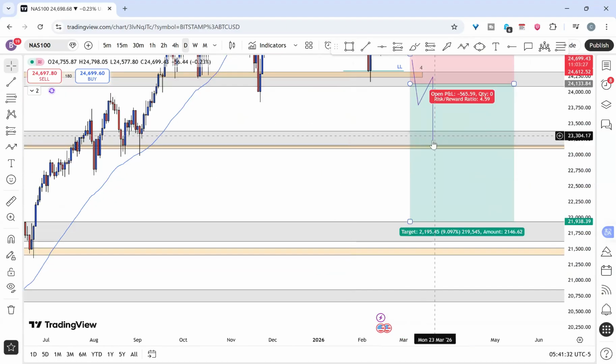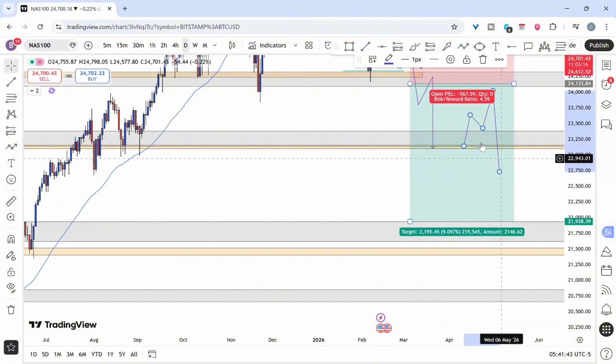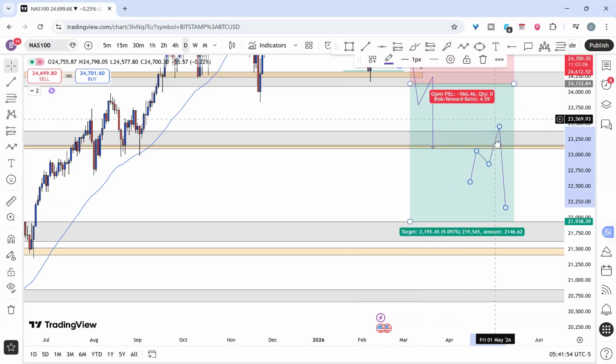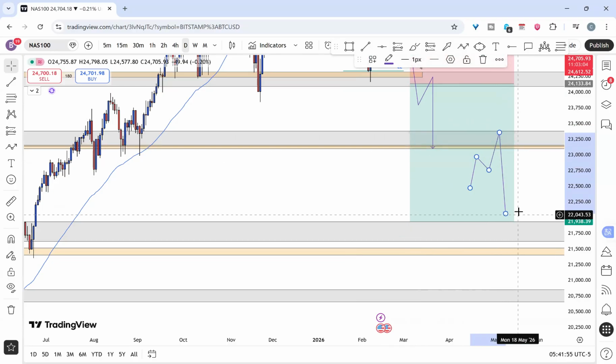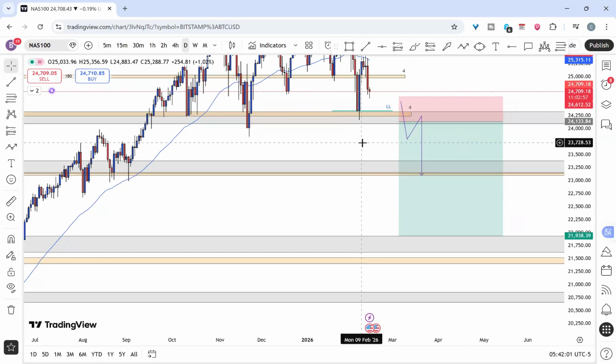If it hovers around here, I suspect it may want to go back up and then push further down. So I might want to close my position right here and then wait for the next short, once it literally breaks the support level, retests, and then sell. All right, so this is my analysis for the next coming days or weeks.